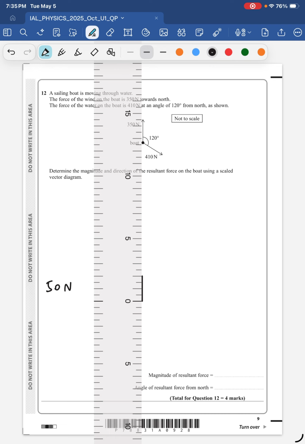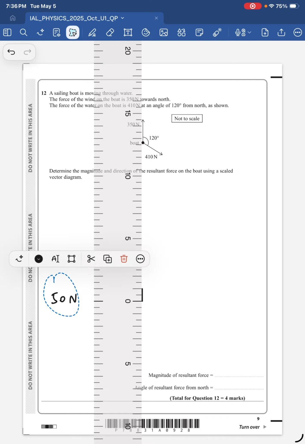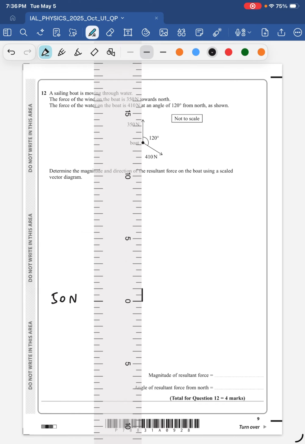Okay, so for 350, we will need, no, that's too much. No, let's make this 50 newtons. I don't want to run out of page. So 50, 100, 150, 200, 250, 300. So that's 350.